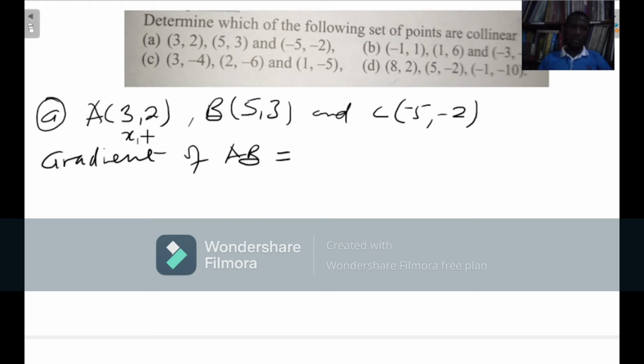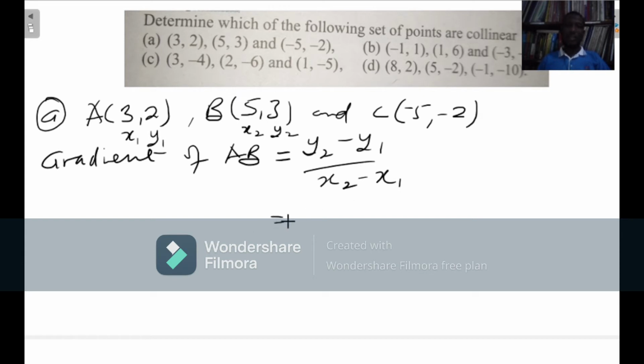So x1, y1, x2, y2. So we are here to find the gradient of the line AB, or the line joining the points A and B. And the gradient is the change in the y values over the change in the x values. So that will give us, let me just write that quickly, y2 minus y1 over x2 minus x1.